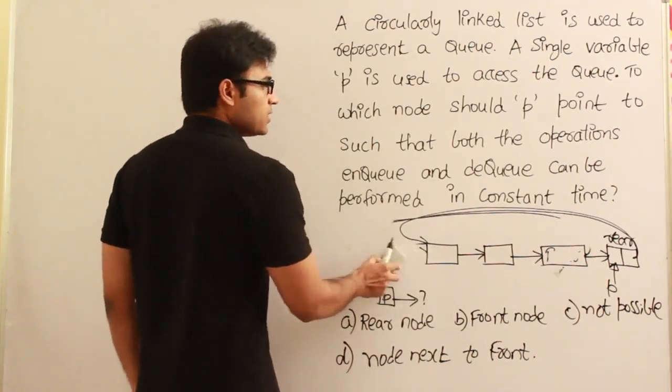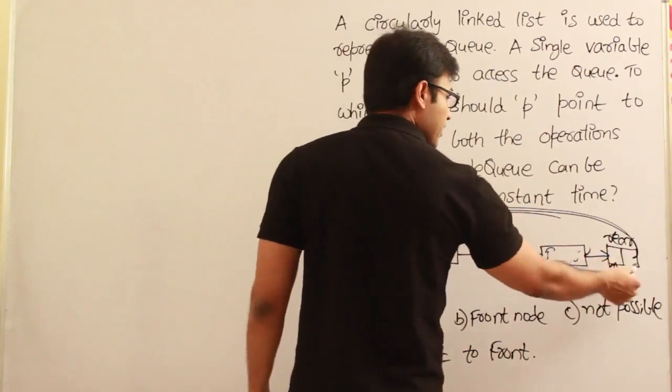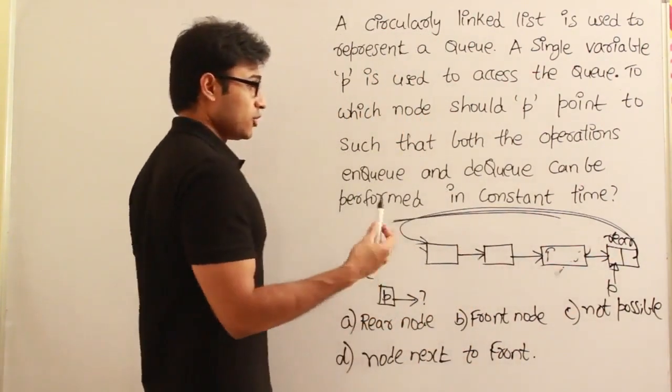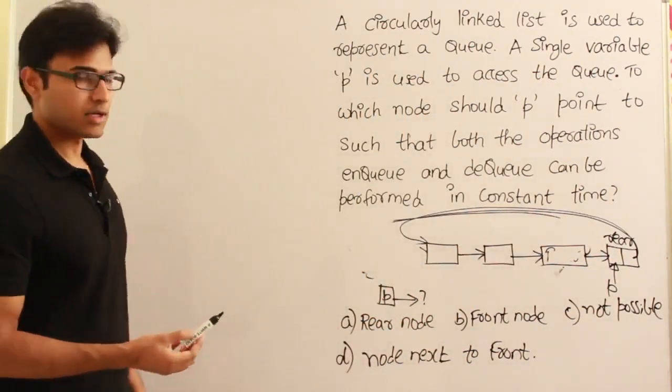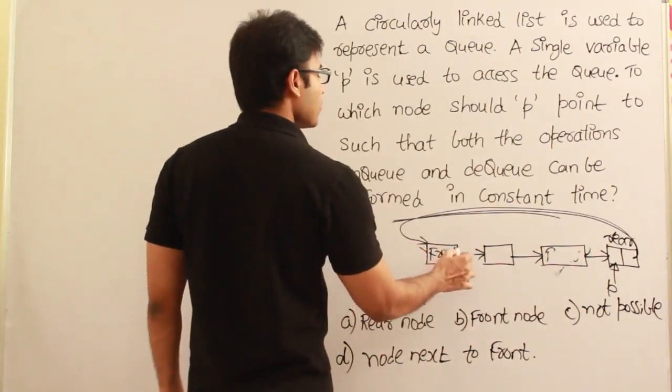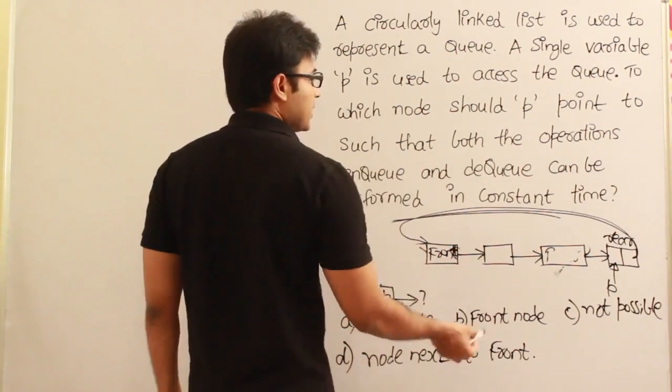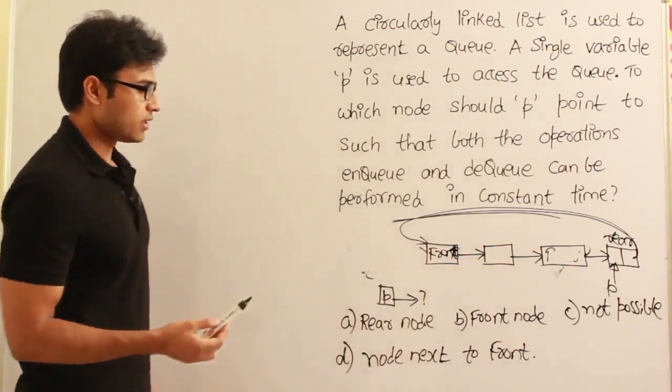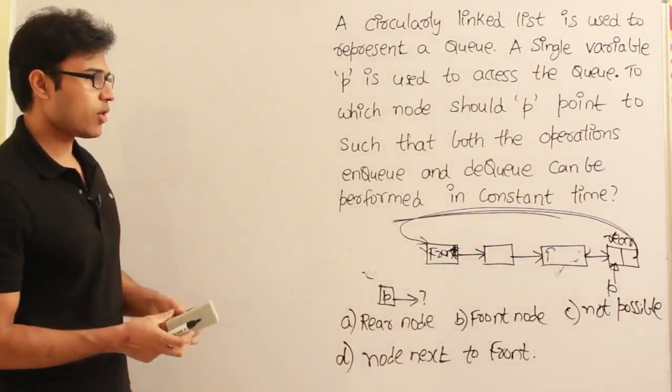So if p is pointing to rear, then I can nq and dq in constant time. Whenever you delete an element, the remaining element will become the front node, so it doesn't matter much. Anyway, we can nq and dq elements in constant time if I point to the rear.